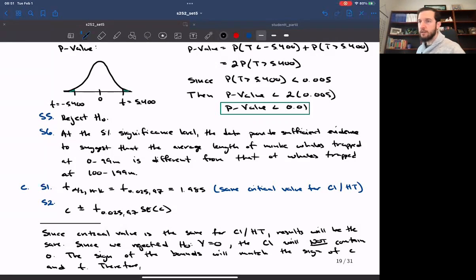So if we reject the null hypothesis, the confidence interval is going to have two bounds whose sign is the same as the sign of little c or the test statistic. So in this case, little c is negative and the test statistic is negative. So therefore, the confidence interval is going to have two negative bounds.